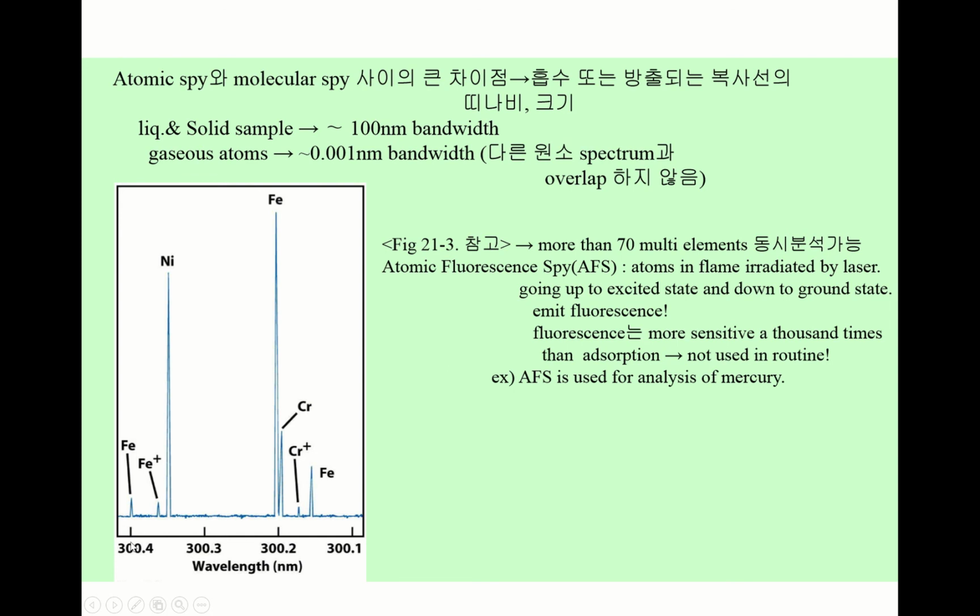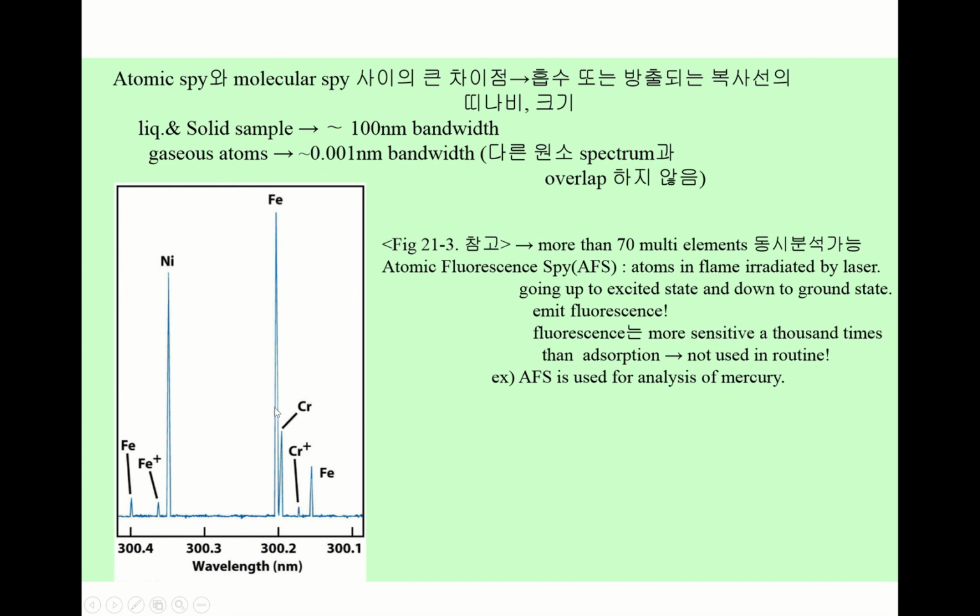You see the wavelengths: 300.4, 300.3, 300.2 and 300.1. You see how well these elements are resolved. Here this width is less than about 0.3 nanometers, but within this very narrow wavelength range you can see these elements. These spectra are very sharp.